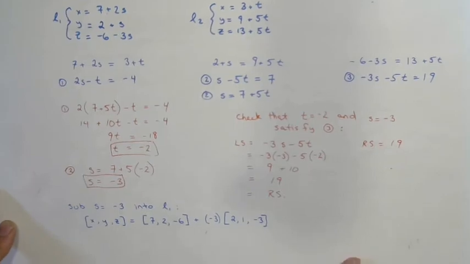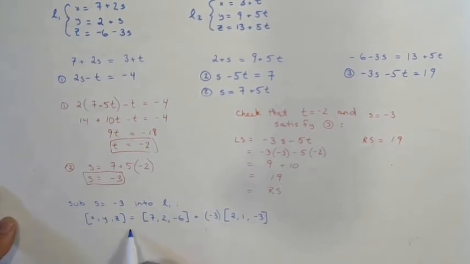Now I just need to work this out. I'm going to do it in 2 steps so that we can see it all. I've got (7, 2, negative 6). And here I'm going to end up adding the vector (negative 6, negative 3, positive 9).